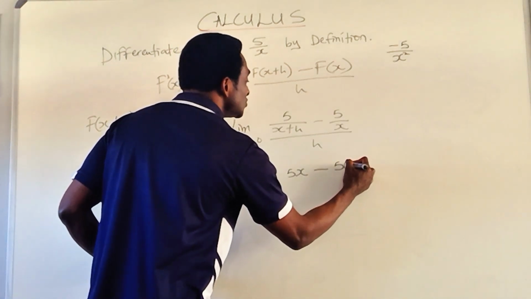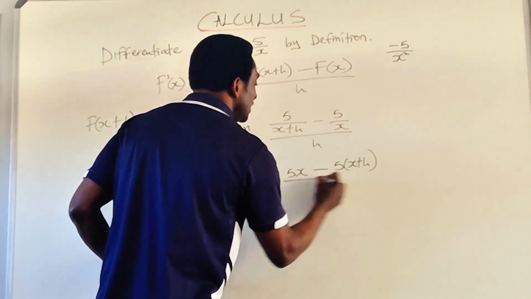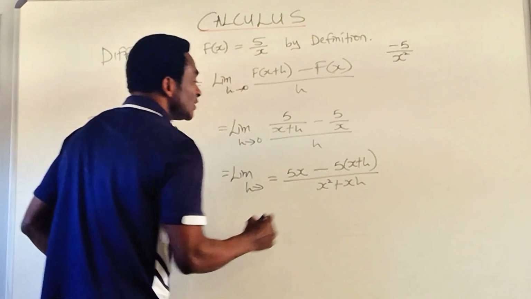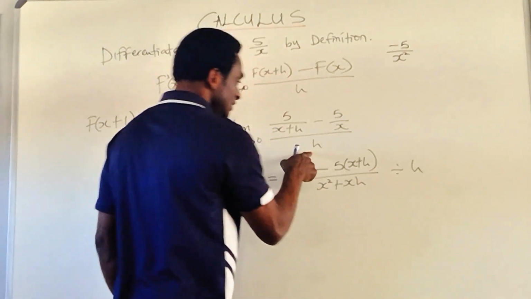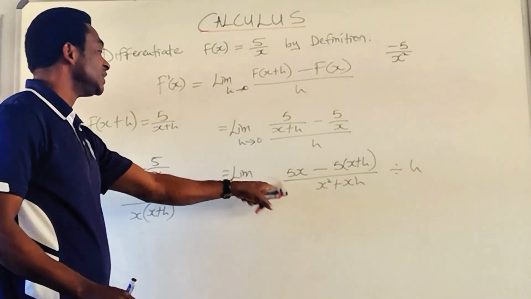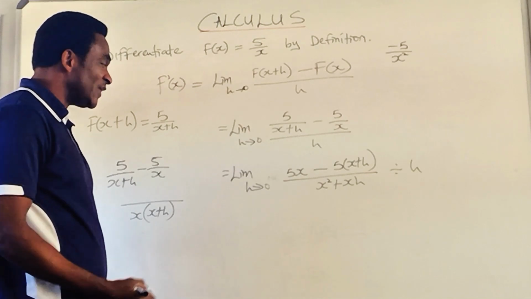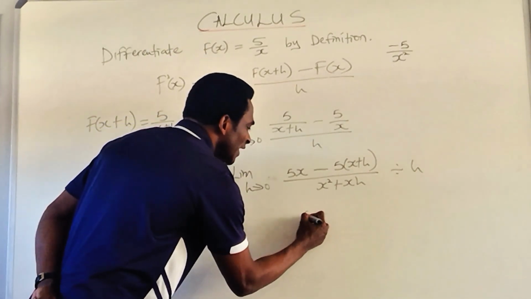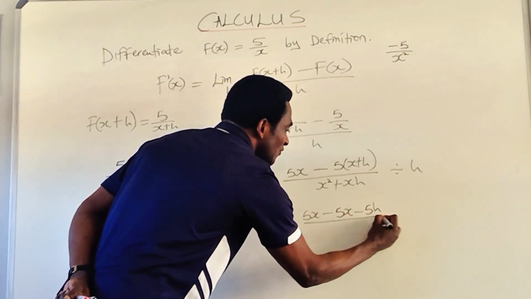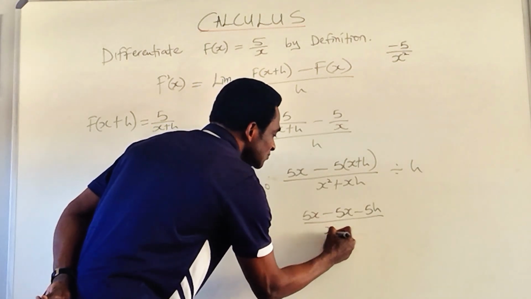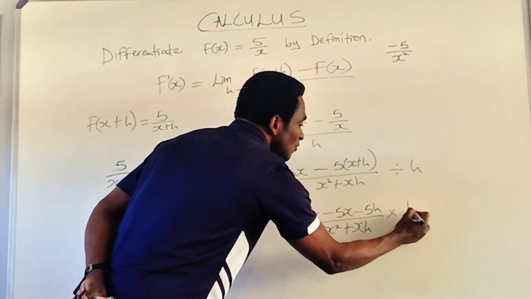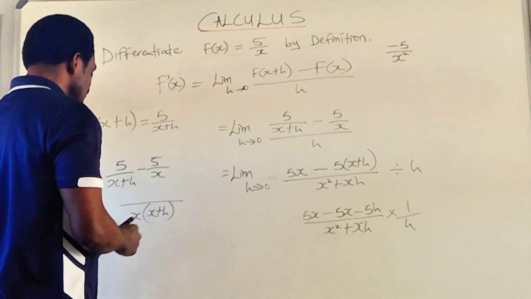So we have 5 into x plus h, and our denominator is x squared plus xh, and that is the limit of that function as h tends to 0. So let's simplify. This will give us 5x minus 5x minus 5h all over x squared plus xh times 1 over h.